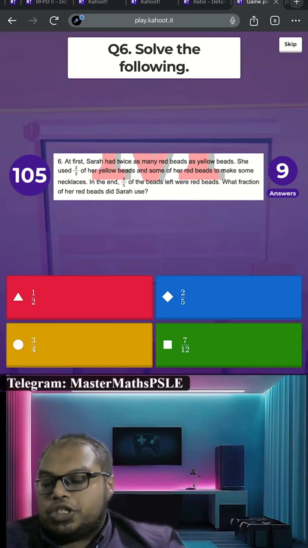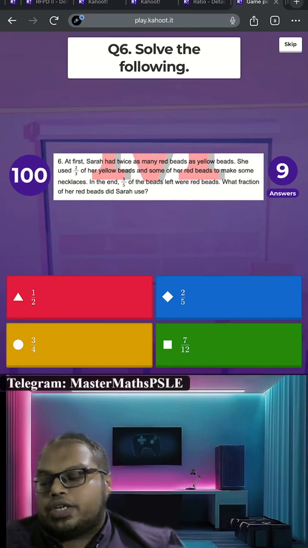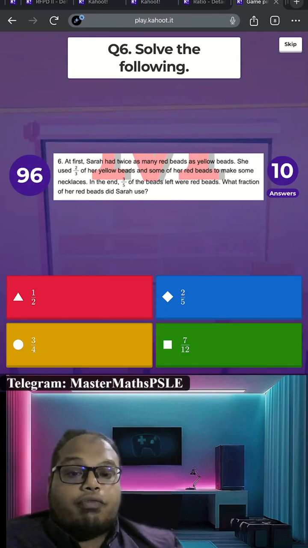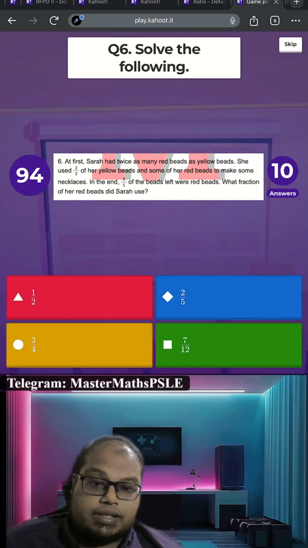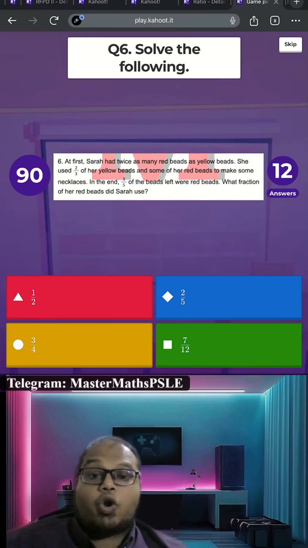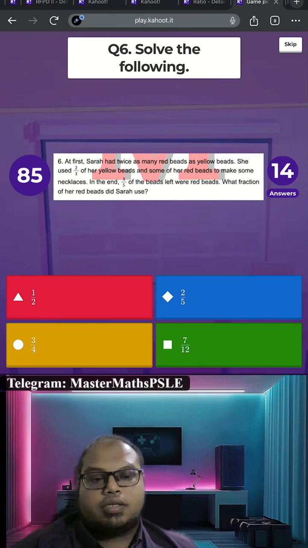In the end, 3/5 of the beads left were red beads. What fraction of her red beads did Sarah use? Take note here, it's of her red beads, not of the total beads.